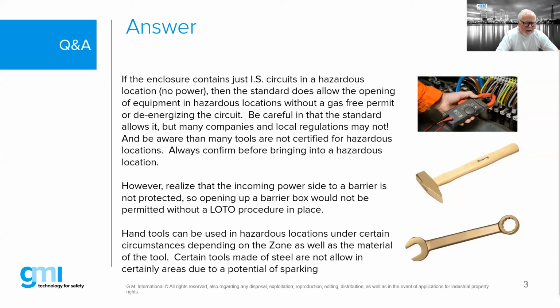That being said, if we had a junction box housing some barriers providing output, and the barriers themselves are suitable for zone 2, but the input on the other side of the barrier is actually considered general purpose, we could not open that up in a hazardous area.